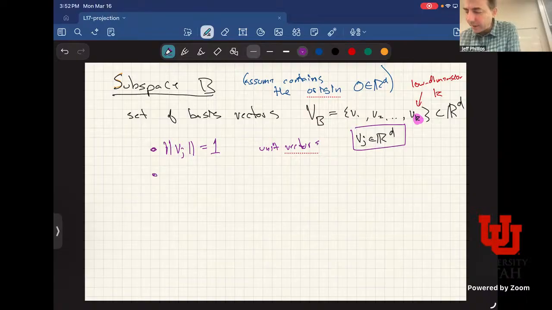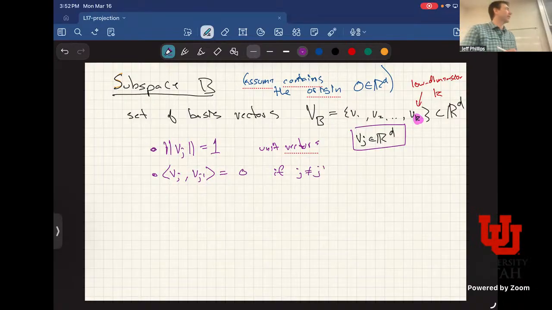And I'm going to have that Vj dot Vj prime, the dot product, is going to be 0 if j is not equal to j prime. So for two different vectors, their dot product will be 0, and that makes them orthogonal.